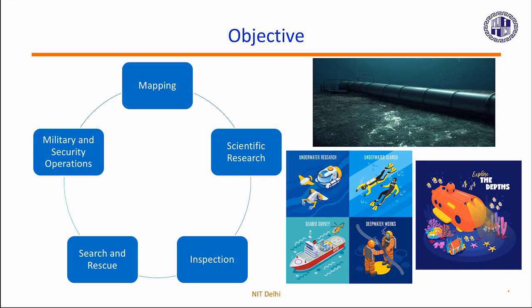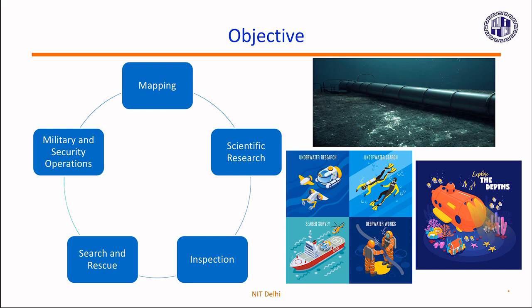Another objective of AUVs is inspection. AUVs are used to inspect underwater infrastructure such as pipelines, oil rigs, and underwater cables. They can be used to inspect underwater archaeological sites. Now, search and rescue is one of the objectives of AUVs.